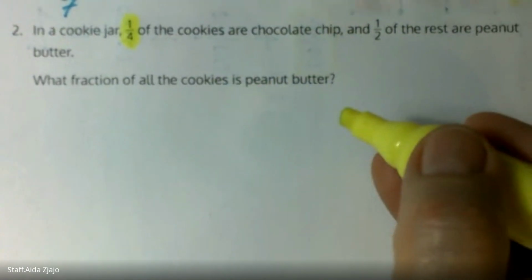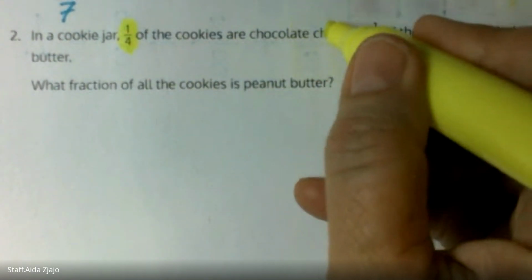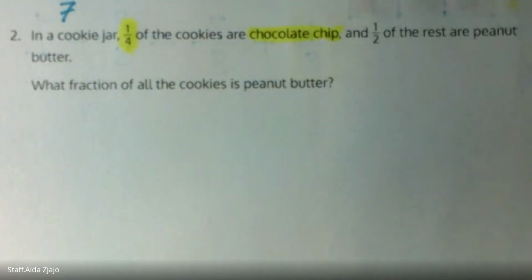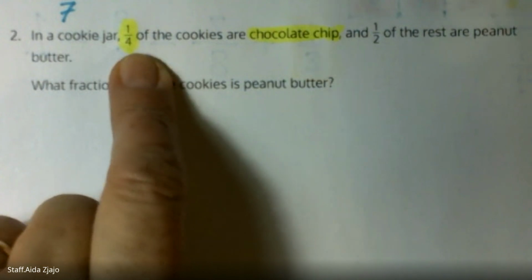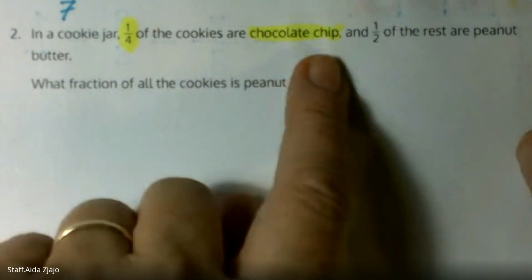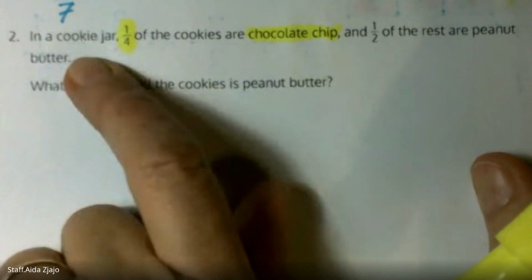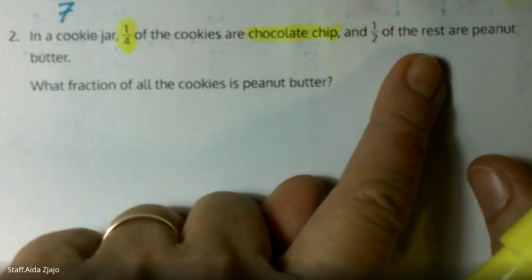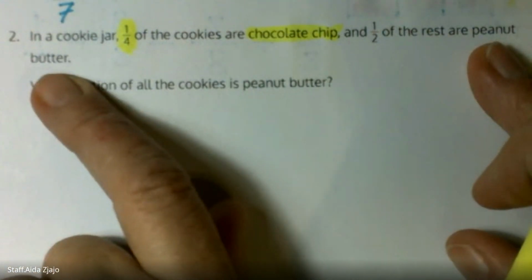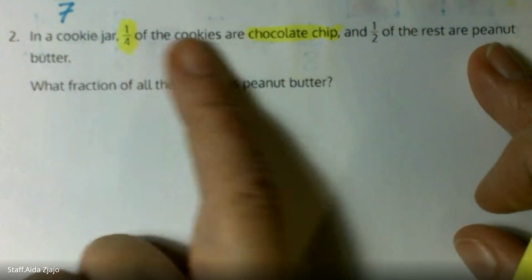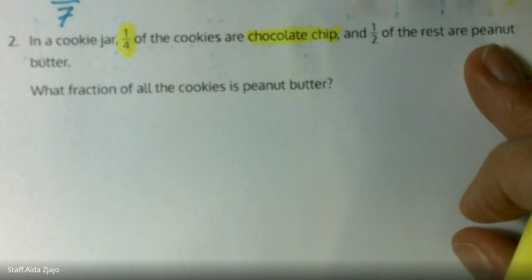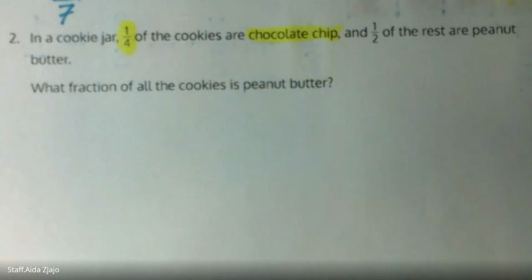So 1/4, not a whole cookie jar, 1/4 of the cookies are chocolate chips, and then half of the rest are peanut butter. Okay, half of the rest. So let's see how we can represent that.